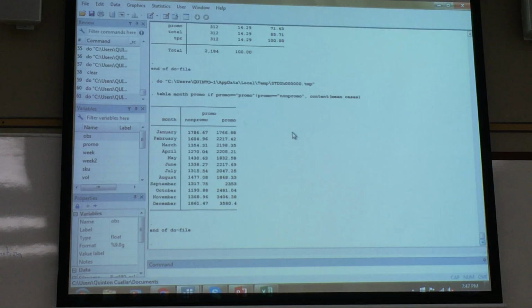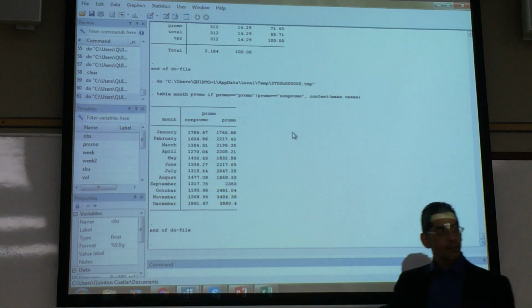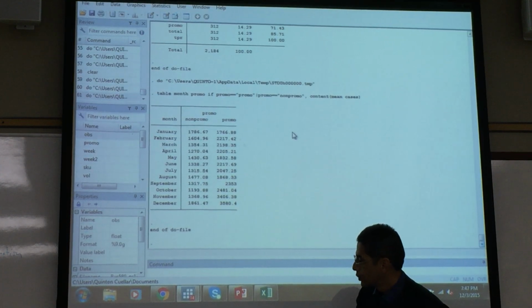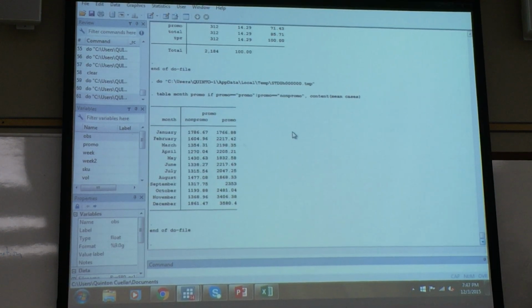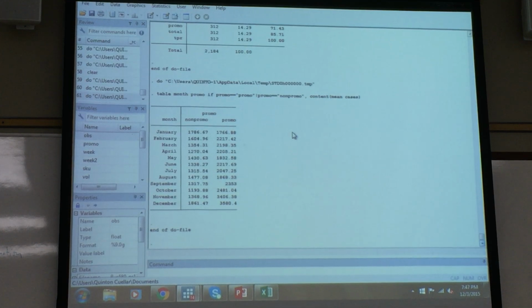Would there be a case where they're running two at a time, like feature and display? Yeah. So how do they credit it to the correct type of category? That's going to be one of the problems we're going to solve. When you have a feature and display, how do you figure out which is more effective?